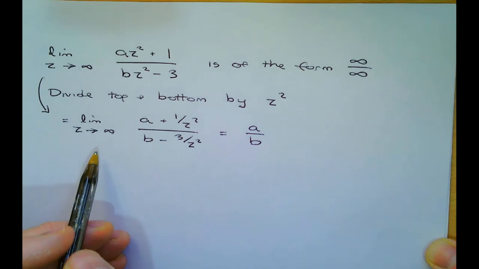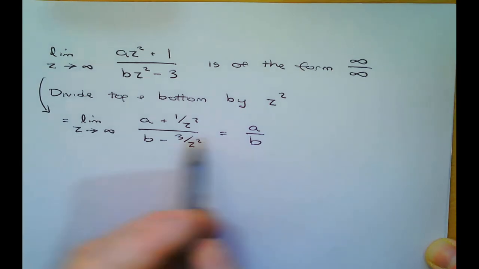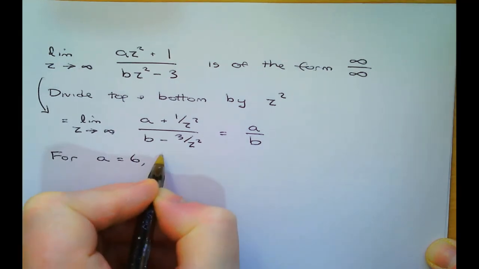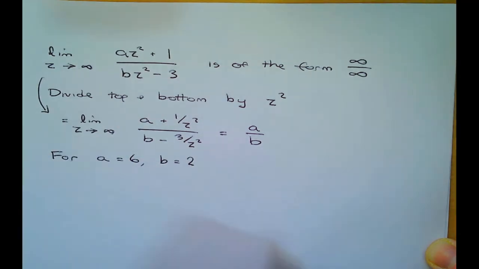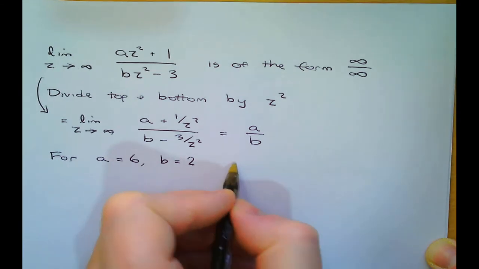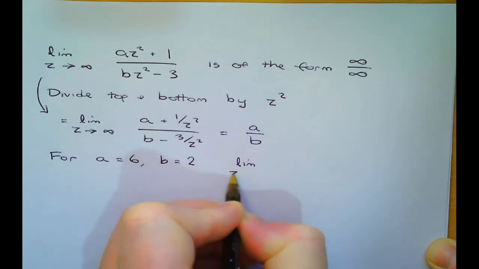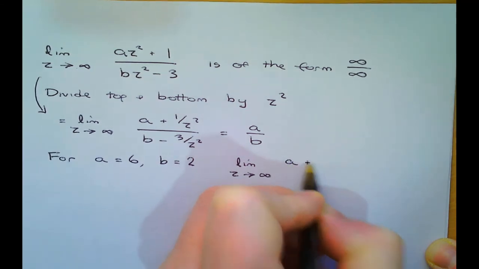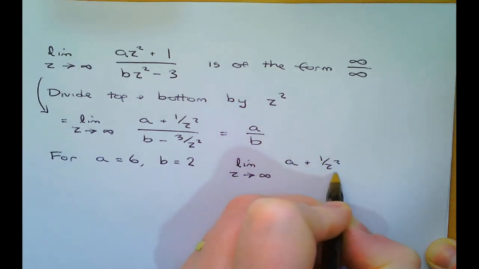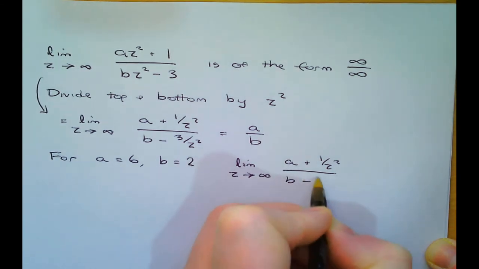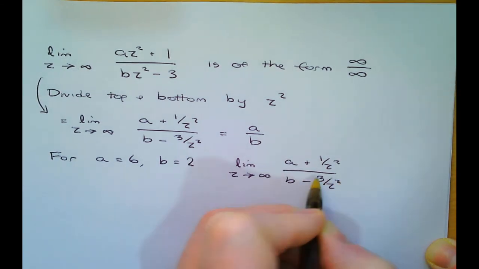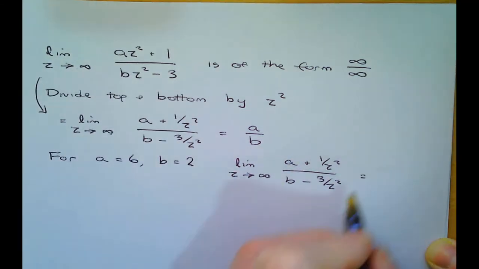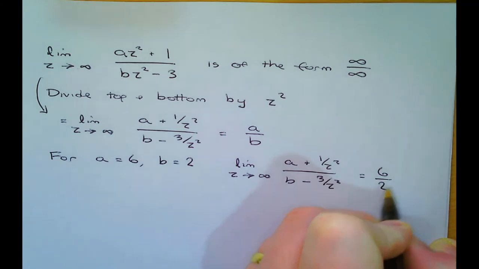We're told to try a is equal to 6, b is equal to 2. For a is equal to 6, b is equal to 2, we would have that the limit, as z tends to infinity, of a plus 1 over z squared over b minus 3 over z squared, which of course is the same as our original limit, would be a over b, which is 6 over 2.